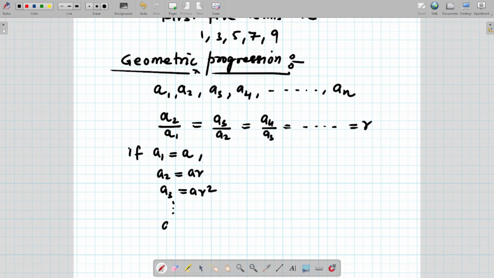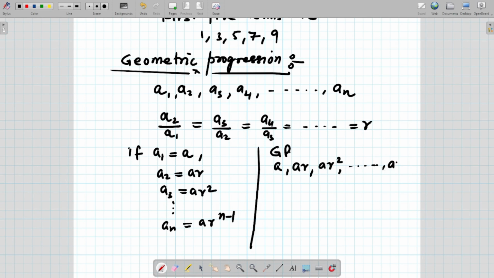Similarly, I will get an as ar^(n-1). So what is my series? My GP becomes a, ar, ar square and so on, and last term will be ar^(n-1). Is it clear or not? कहीं कोई डाउट हो तो पूछ लेना without any hesitation.